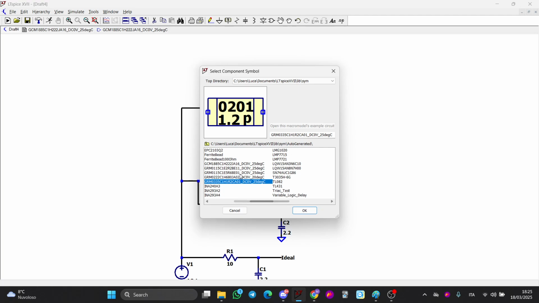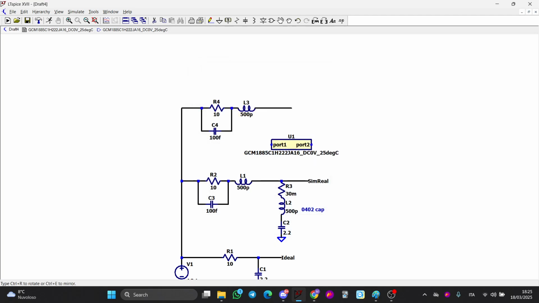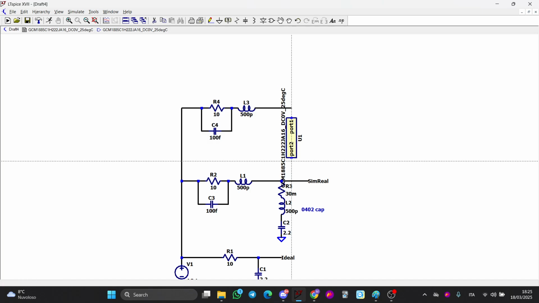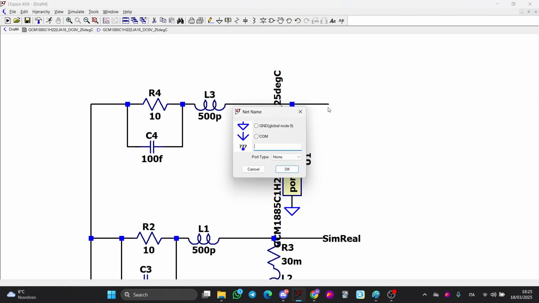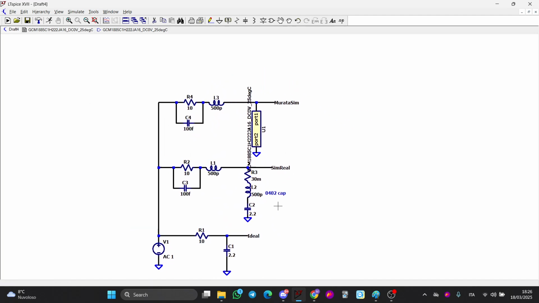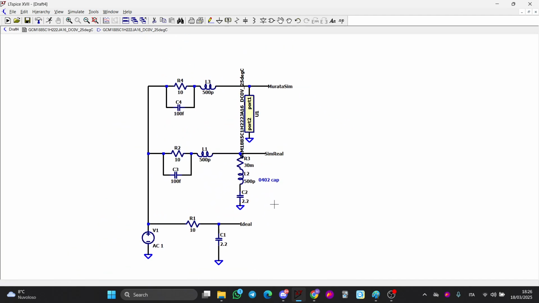Sorry, let me, this guy here. GMC 108, okay. And this is the real Murata capacitor that we have. And Murata simulation.